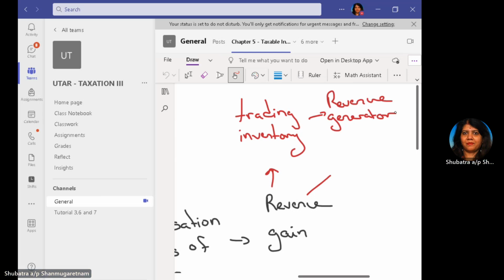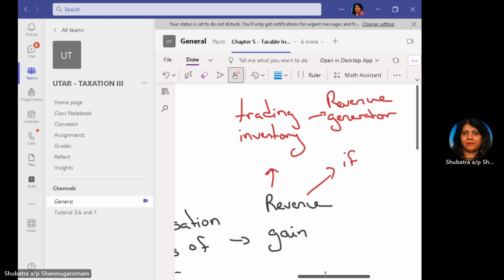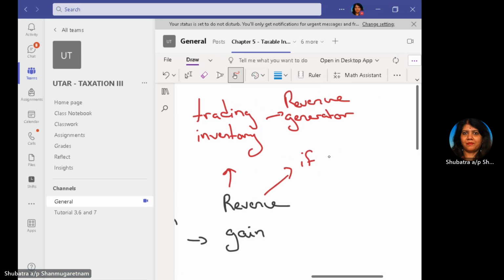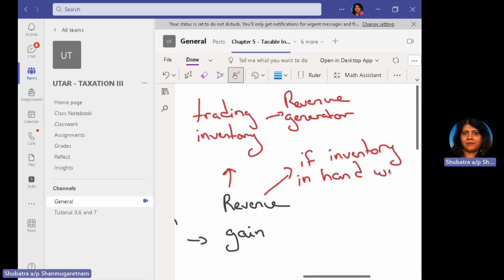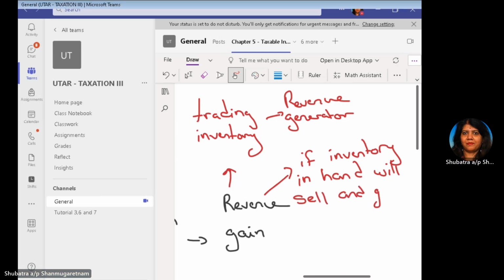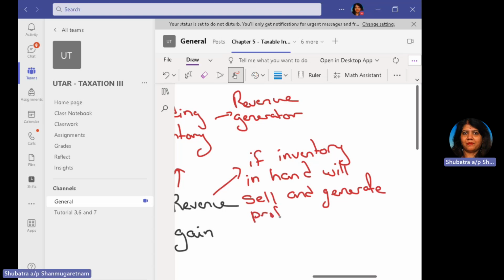If you had the inventory in hand, you would have sold it and generated profit.